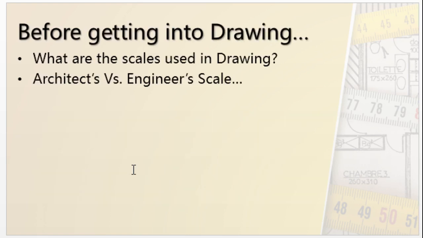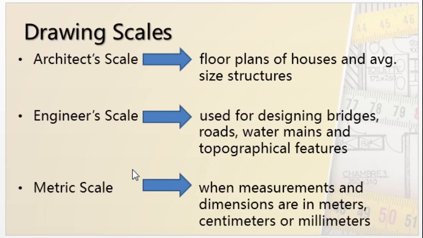So before getting into the drawing, we will have to know what scales are used in drawings, and what the differences are between architects' and engineers' scales. Generally we use the architect scale for floor plans of houses and average size structures, which we'll be watching today as well.